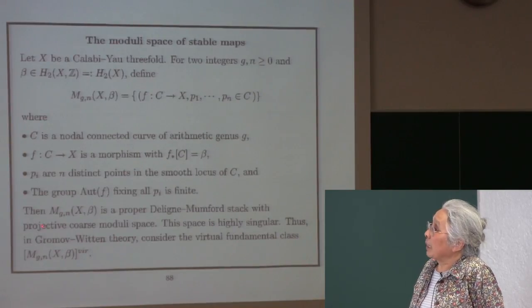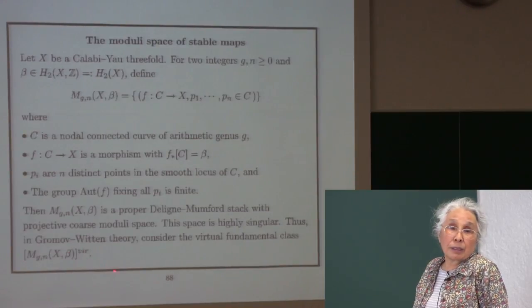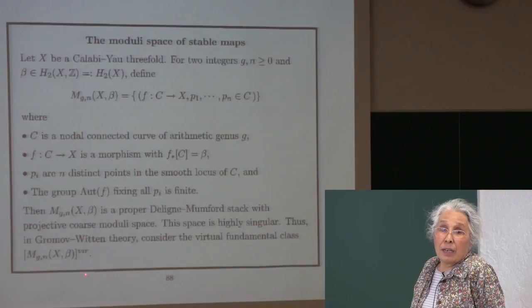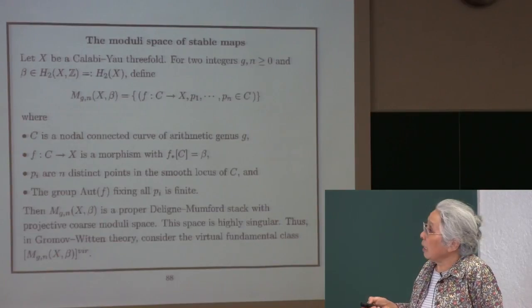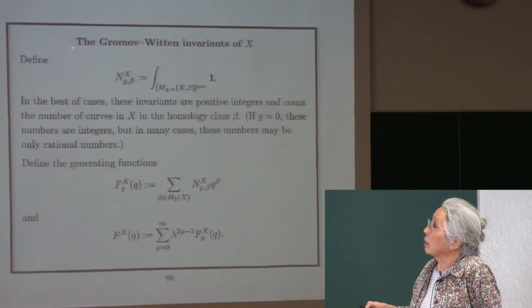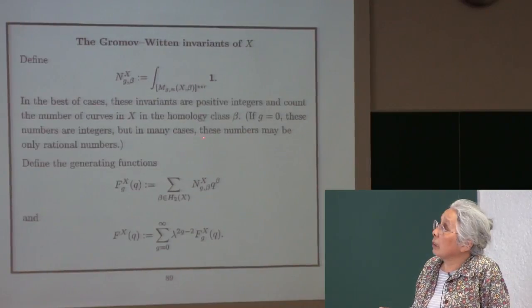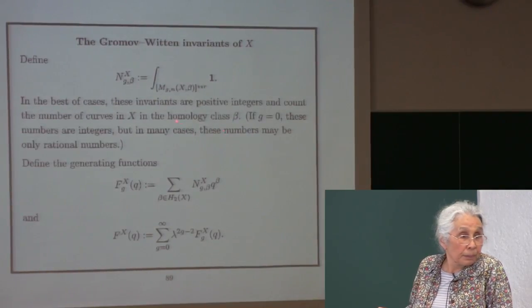So for the Gromov-Witten invariant you have to consider something called the virtual fundamental class. Essentially, the Gromov-Witten invariant is computed against this virtual fundamental class. This is what counts the number of stable maps.